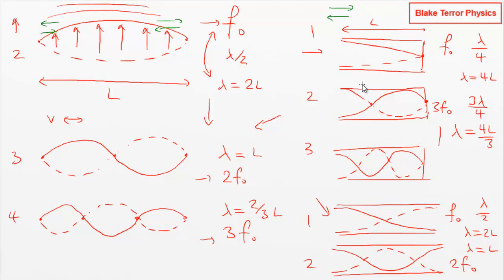Now, if we're setting up a stationary wave in an air column, we've got a similar thing happening where the sound wave is reflecting from both ends. And that's something well worth remembering before I continue with this point about open ends of tubes.